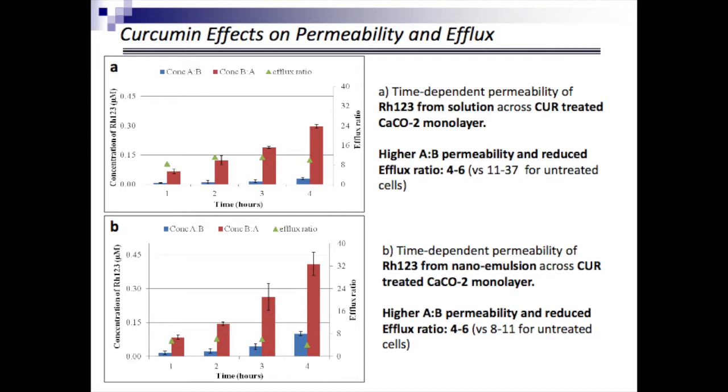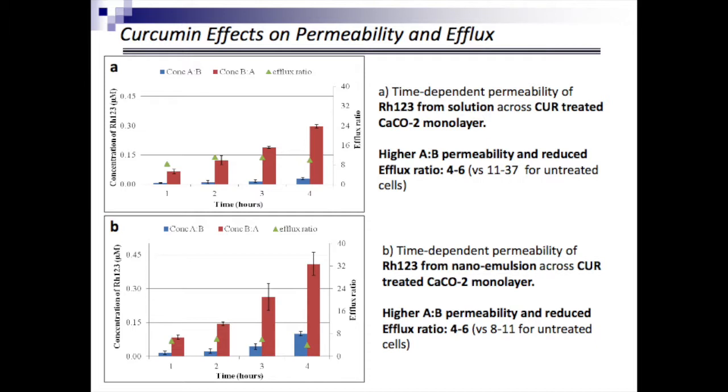And here, again, we believe that the nano-emulsion not only helps the entire droplet get across the cell, but there may also be some free rhodamine 123 released from the nano-emulsion, where, again, with the efflux transporters inhibited, you see this overall cumulative enhancement in permeability across the KCO2 cell layer, which is a mimetic of the blood-brain barrier.